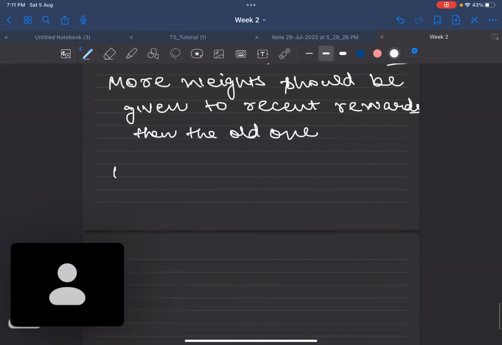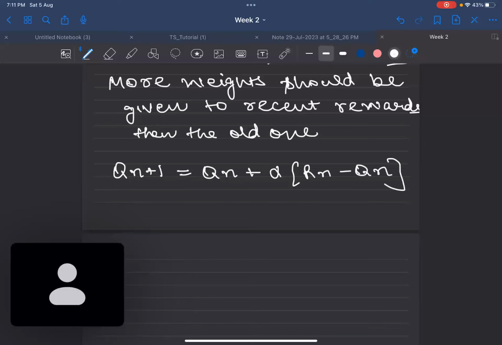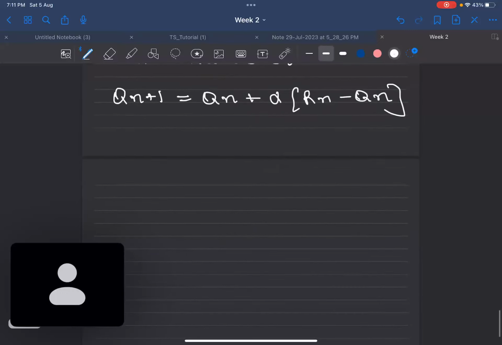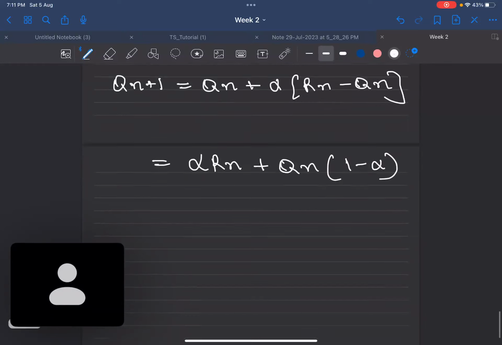Qn plus 1 is equal to Qn plus alpha times (Rn minus Qn), which is alpha Rn plus, taking Qn as common, (1 minus alpha) Qn.